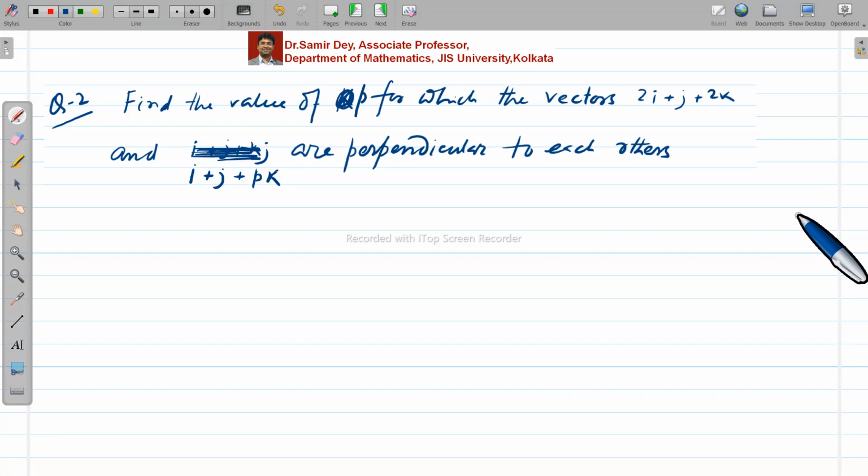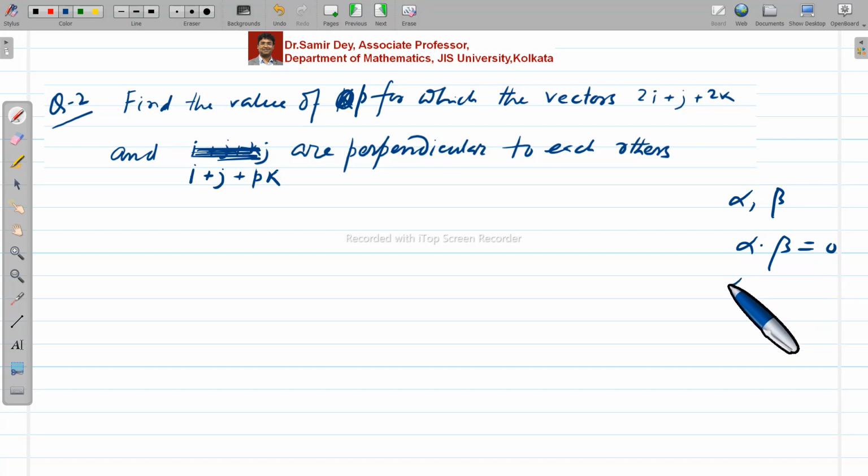Already you know, if alpha and beta are perpendicular to each other, that means alpha dot beta should be equal to 0.